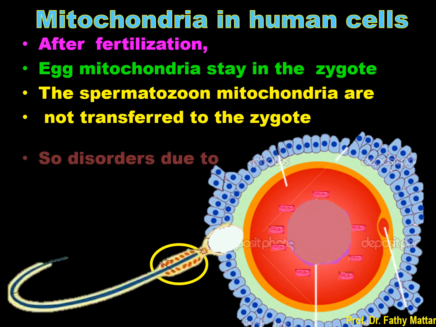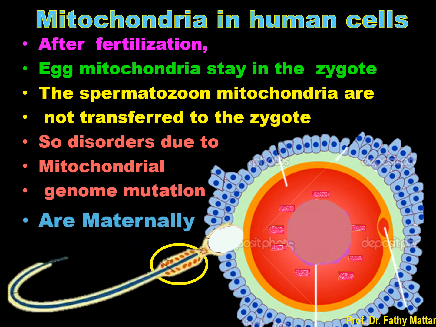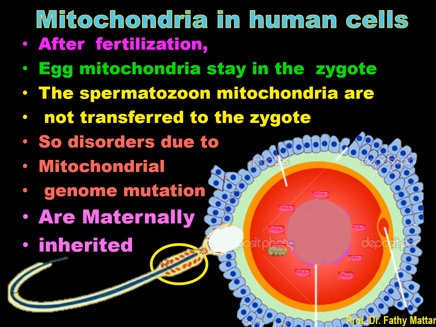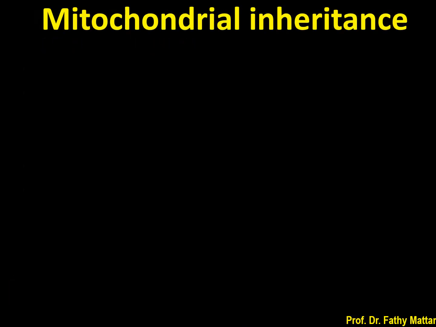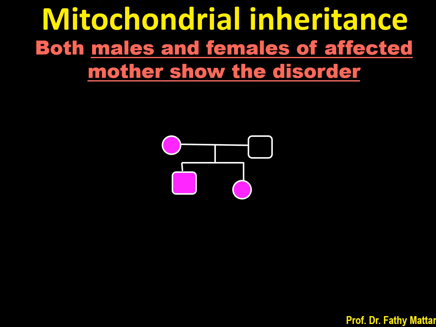That's why we call this case the maternally inherited disorder. Now, let's look at a pedigree and see how can we know that this is a mitochondrial inheritance.